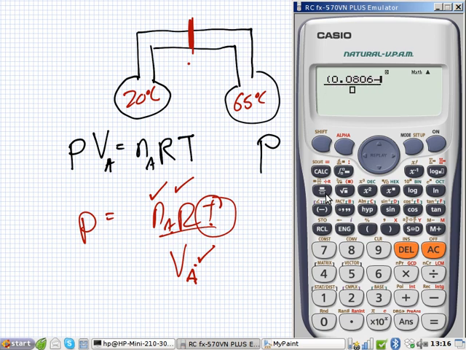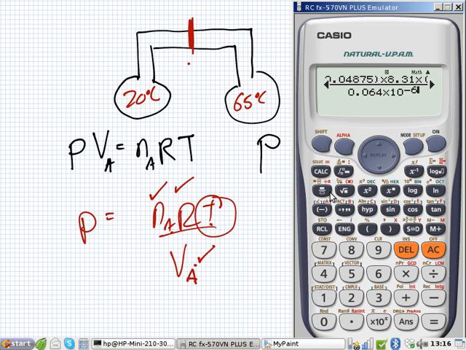And the first one? 0.04875, times 8.31 times, and is that 65, isn't it? Yeah, plus 273.15 over, and what was the volume of B? The volume of B was 0.64 times 10 to the minus 3. That's for B.